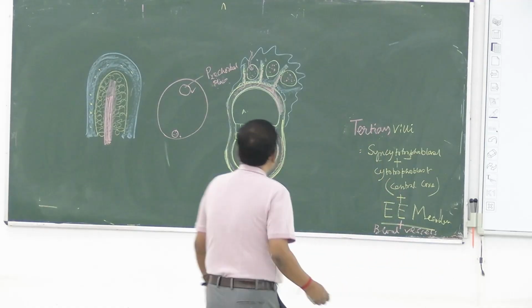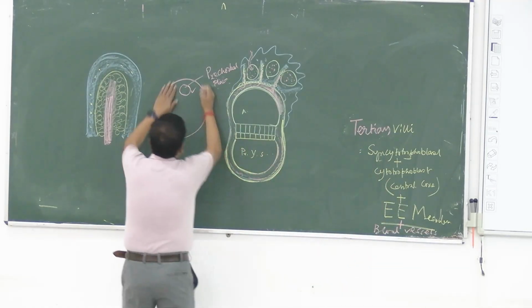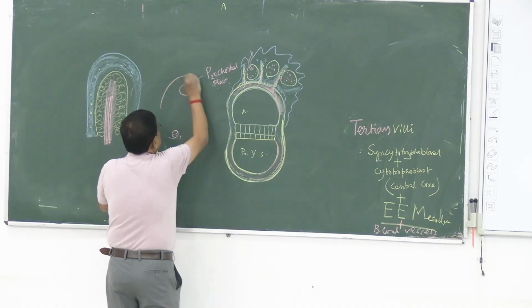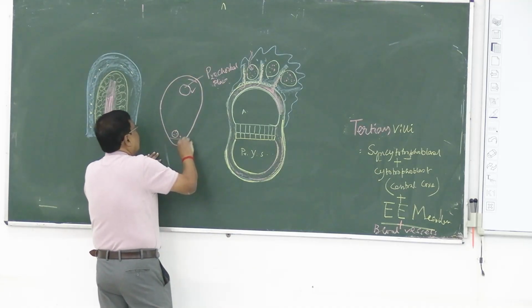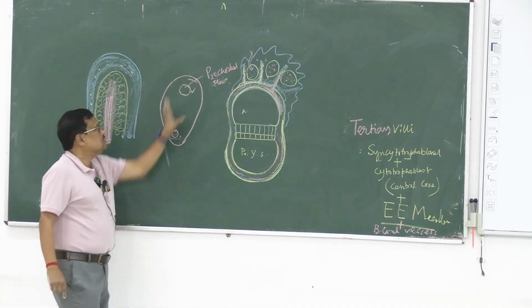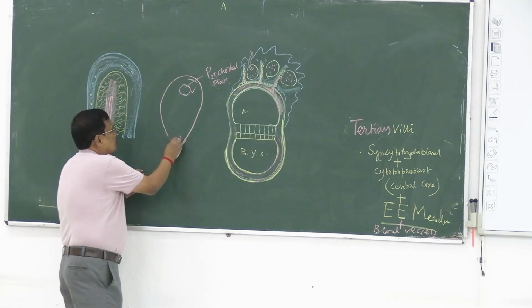And now this circular germ disc is slightly elliptical. So this is the head end, slightly larger, this is the tail end.